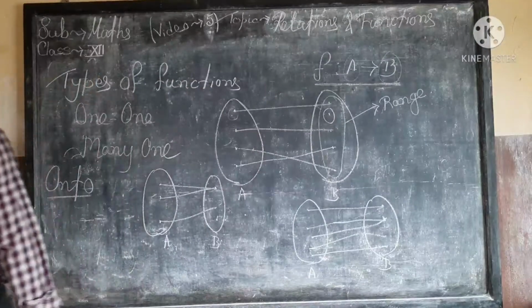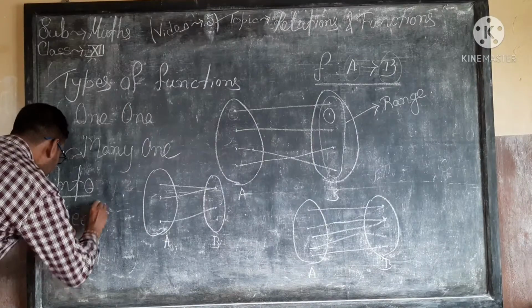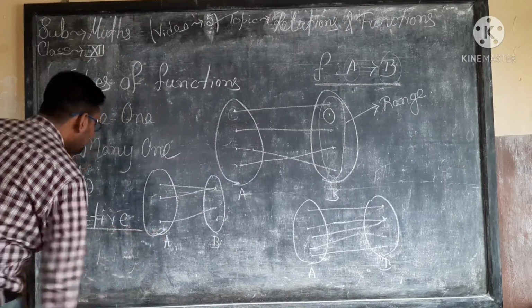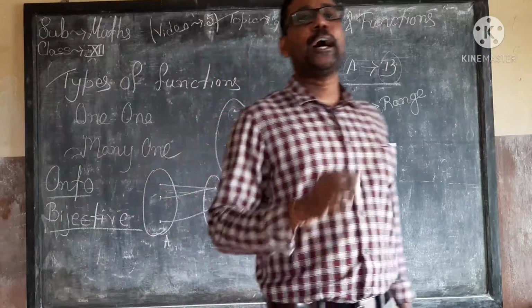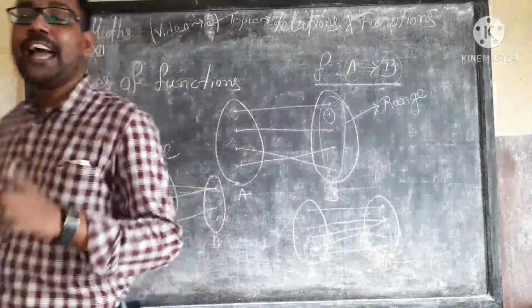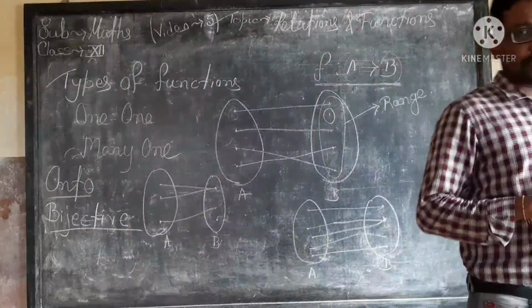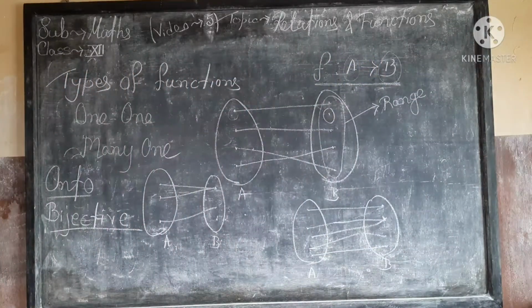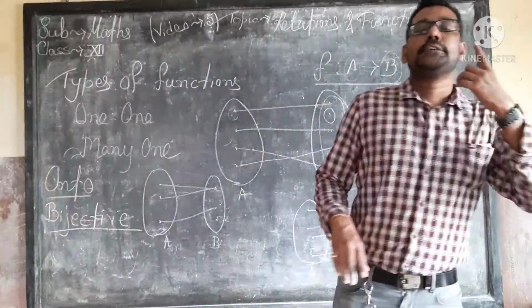And the last type is bijective function. What is the criterion to determine whether a function is a bijective function? If any function satisfies both the criteria of one-one function as well as onto function, then this type of function is called a bijective function. So from this discussion we conclude that any function has mainly 4 types or classifications.